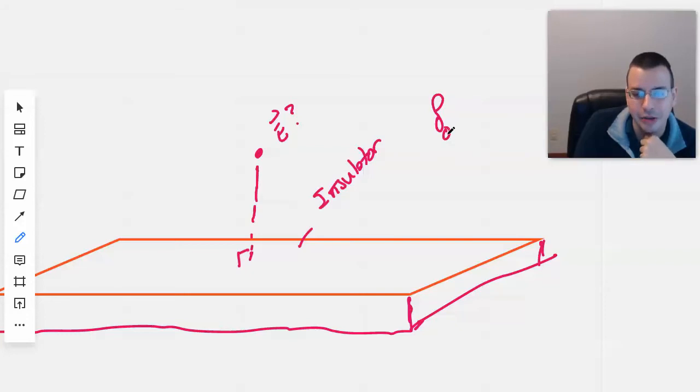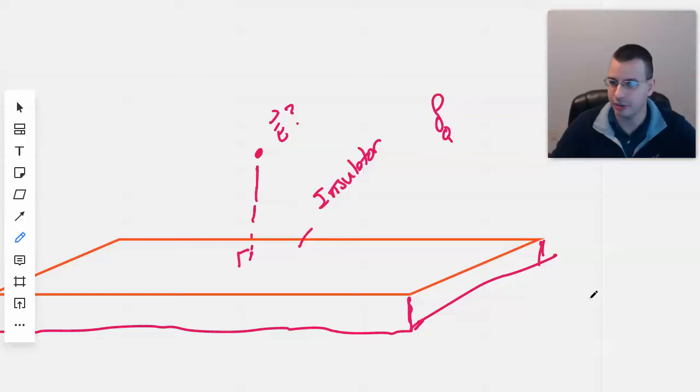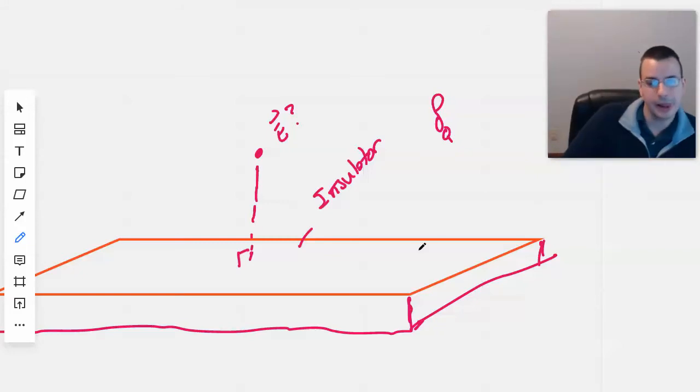And I'll put a little Q down here so we know it's an electrical charge density. Is that all the information we need? Yep. I will assume infinite large. I won't write that down, but this is assumed. And yep. So now we're going to use Gauss's law.